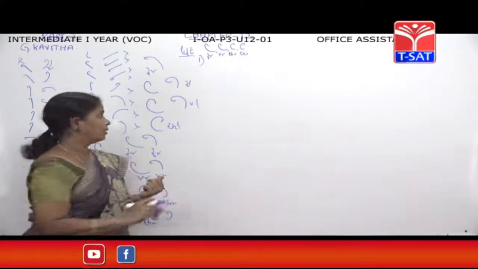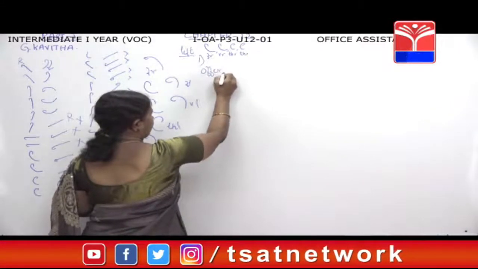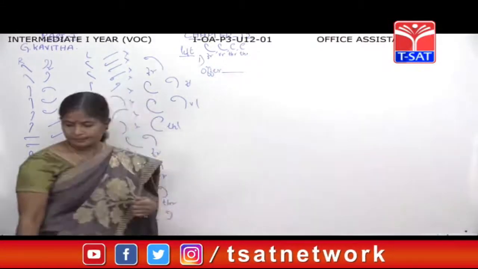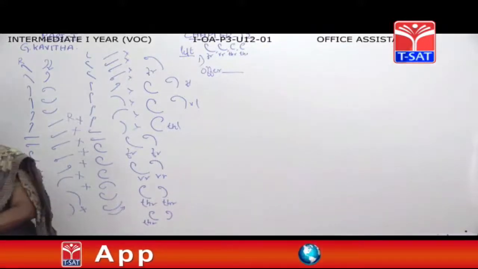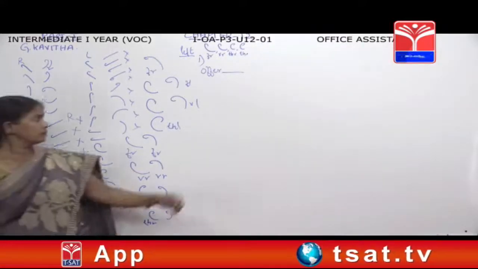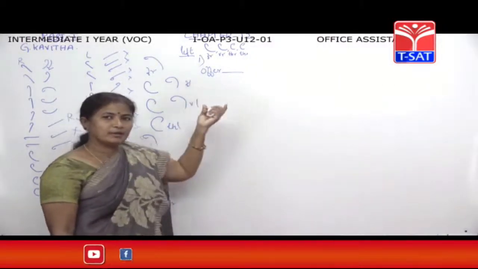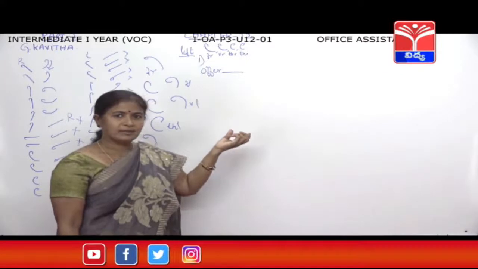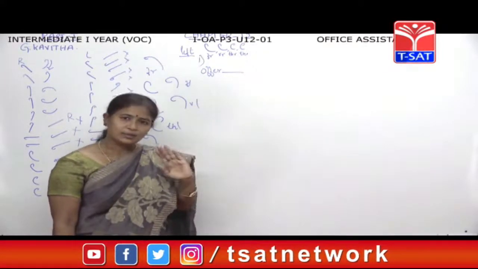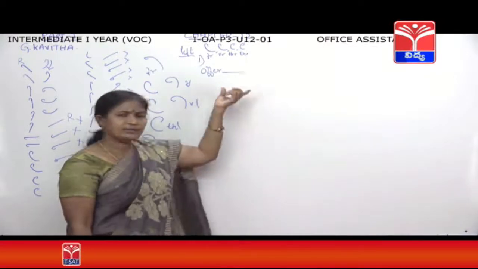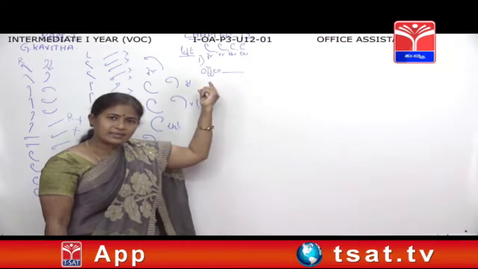Example: offer. How do we write offer? Now sound the word offer. O is a vowel, and fur, we are hearing only one sound of fur. No other strokes are following. Only fur, and fur is standing alone and preceded by a vowel.